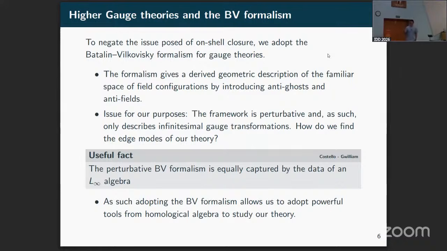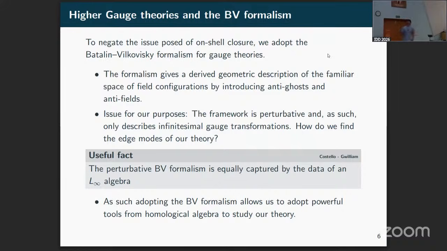And when we have gauge transformations that only close on shell, we need to pass to a derived setting essentially, so we adopt the BV formalism, the Batalin-Vilkovisky formalism. And essentially all this does is it adds in ghosts and anti-ghosts and anti-fields. So you start with BRST with ghosts and physical fields, and you add in more fields.